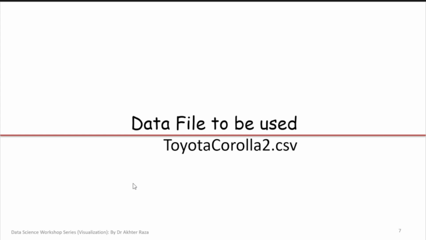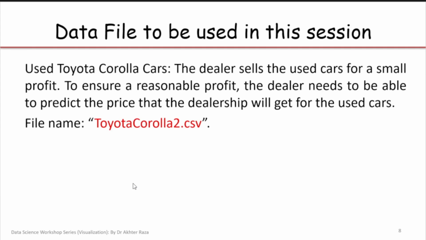I will use the ToyotaCorolla file. We eliminated the outliers, the missing numbers, the duplicate rows, and other bugs from the data in my last lecture. The clean file is what we will be using for the purpose of visualization.